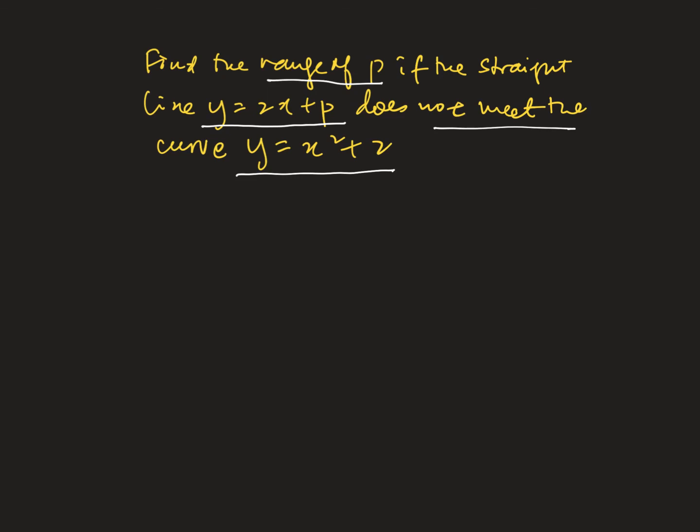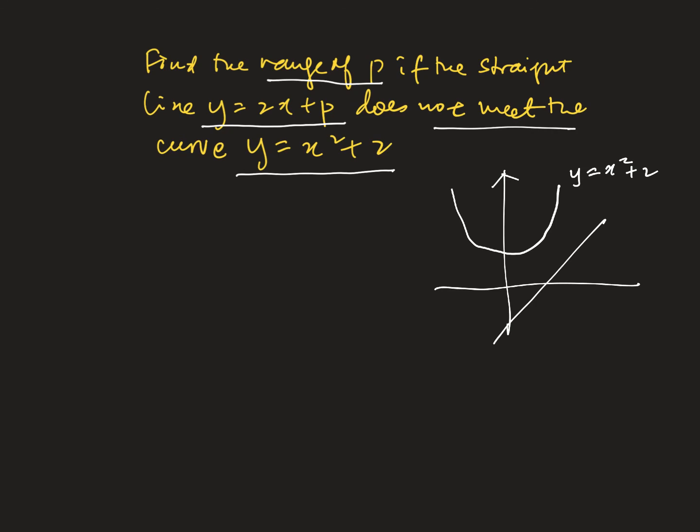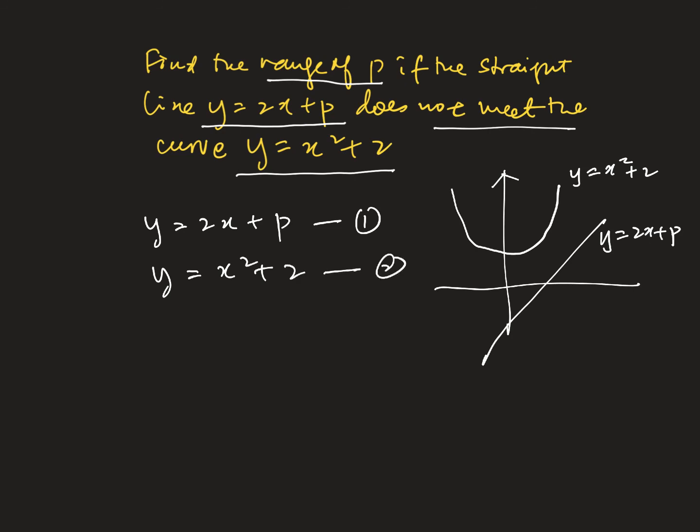If we sketch the curve, it should look like this: y equals x squared plus 2, and the straight line y equals 2x plus p, and they do not meet. So let y equals 2x plus p be 1, and y equals x squared plus 2 be equation number 2.